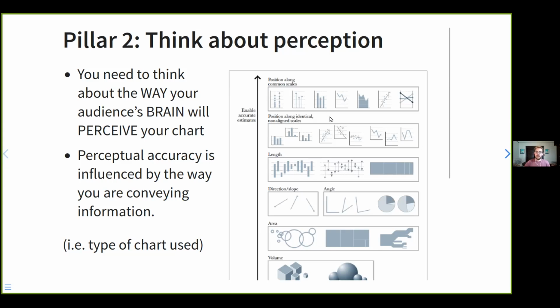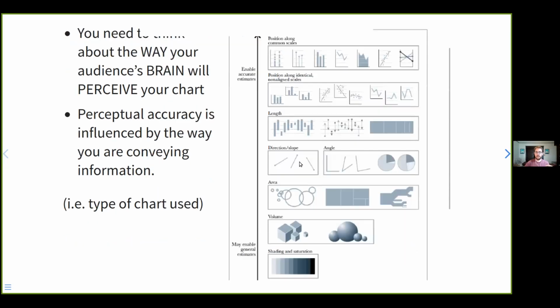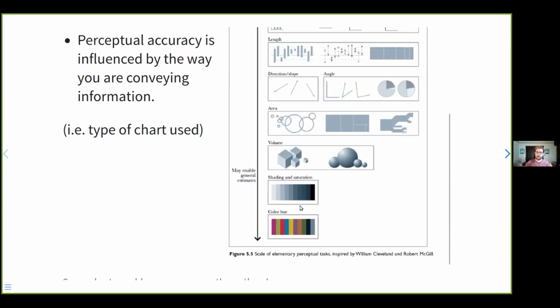And as you get lower down in this gradient here, you start to see differences, like it's a little bit harder for people to interpret differences in length that may help you show things. And when you get to the very bottom, you start to see the things that are the most difficult for people to perceive. These include volume. It's actually very hard, as I said, for people to interpret volume differences in a 2D representation, especially. And color.